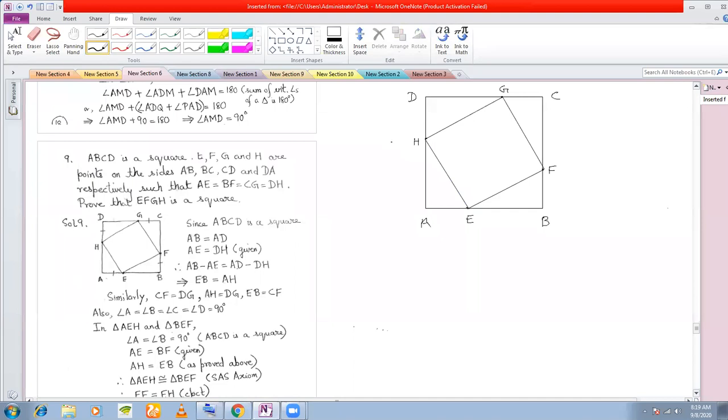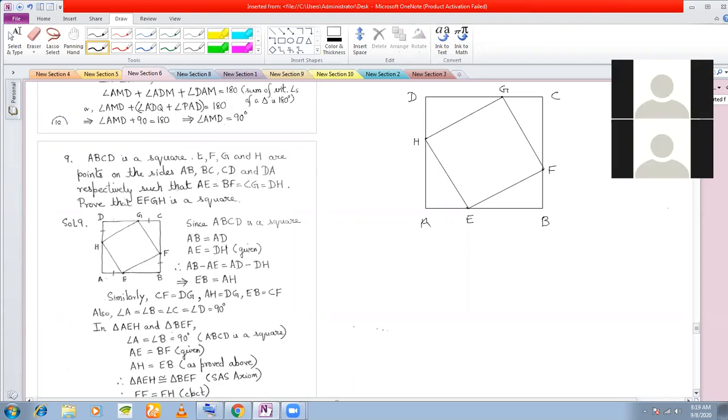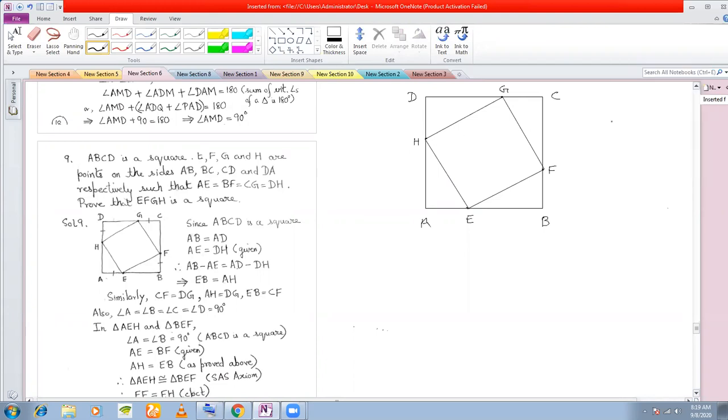So EFGH are points on the sides AB, BC, CD, and DA. So E is a point on AB, F is a point on BC, G is a point on CD, and H is a point on DA, respectively, such that AE is equal to BF is equal to CG is equal to DH.